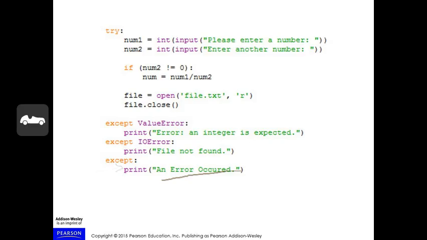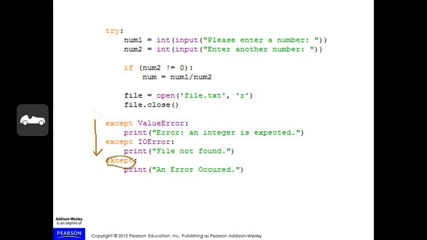Notice that when you list all the possible errors, you want to list all the specific errors first, and always put the general error handling code at the end. If you move this to the top of the error list, what will happen is any type of error will be handled by this except.